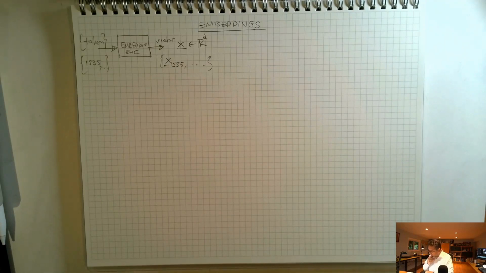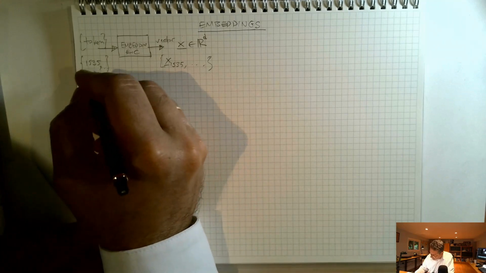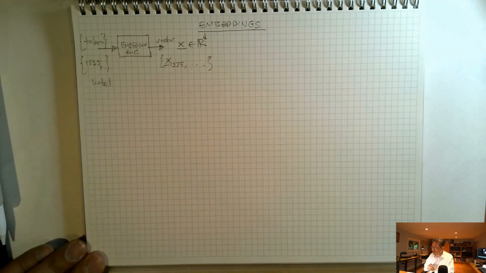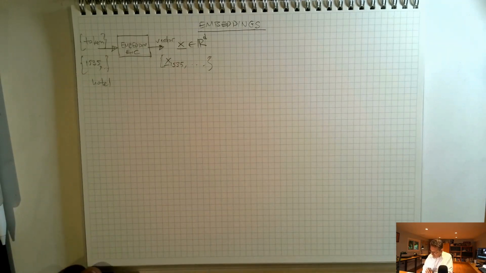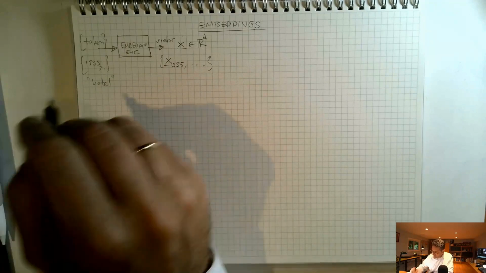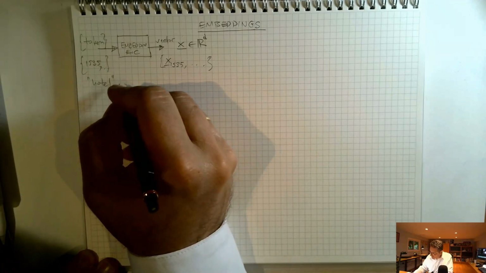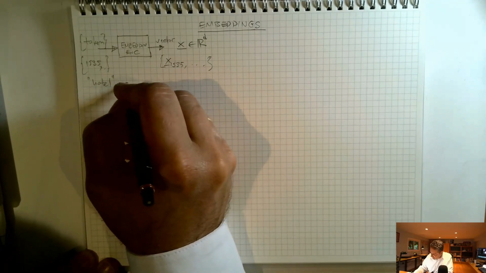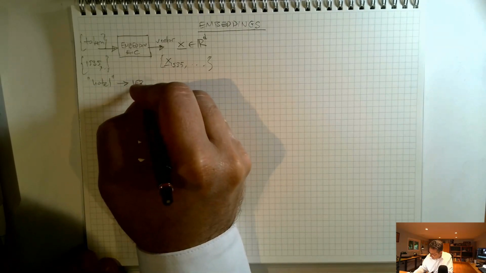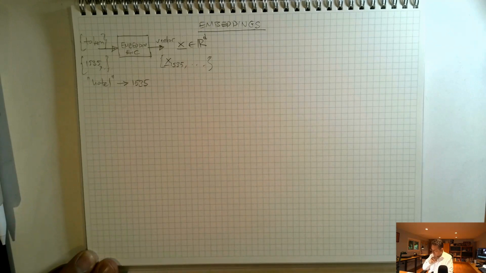So let's assume that we have a word that corresponds also to a token that is called hotel. Okay, so this is our token over here, and this corresponds to the token 1535. That's the token ID.